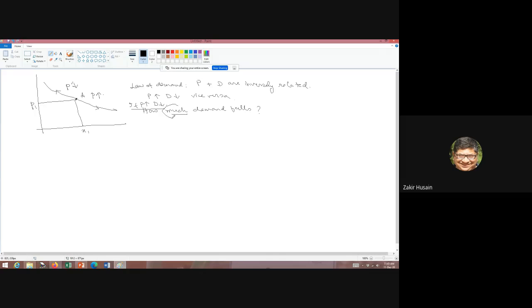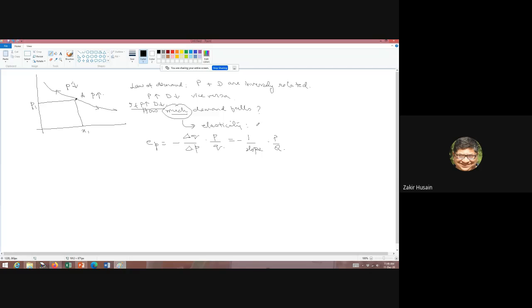Okay. So to answer this question, how much, we have to introduce the concept of elasticity, elasticity of the demand curve. And this is defined as del Q by del P. So we can also write this as, and the minus here indicates that the slope is negative.